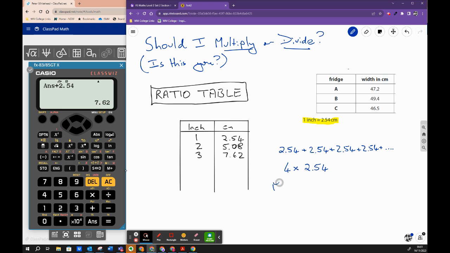So multiplication is the repeated addition of the same number.